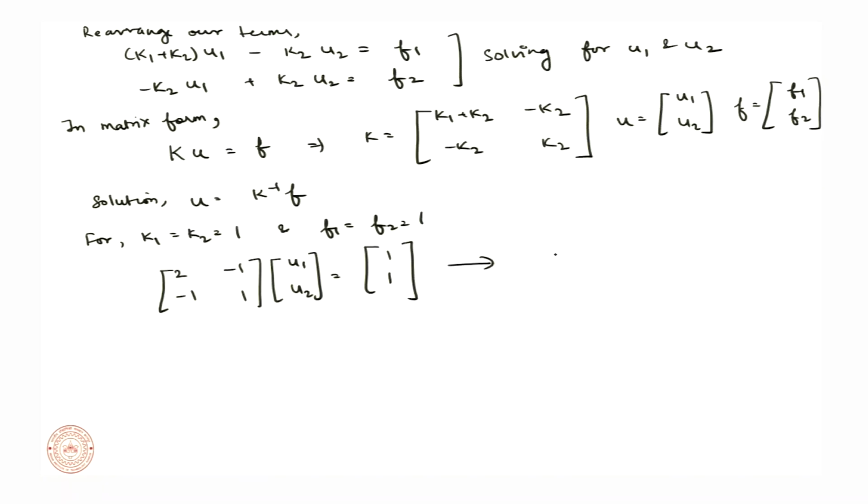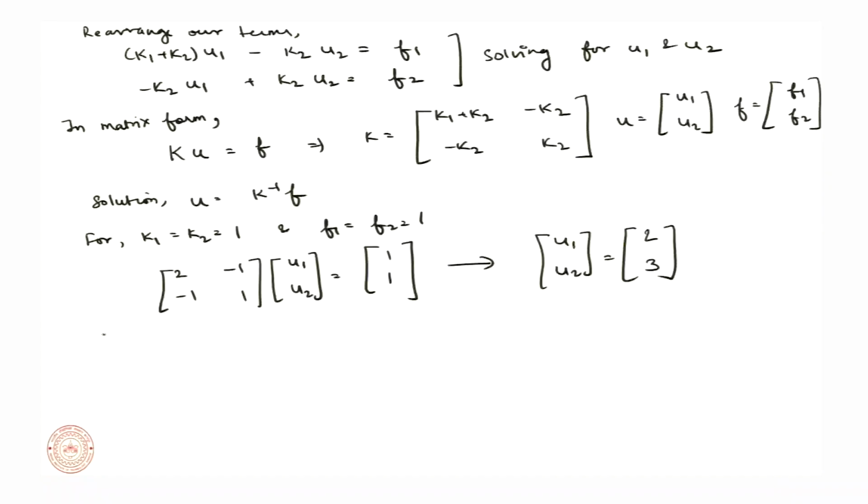If you solve this, you will find out that U1 and U2 will be equal to 2 and 3. Try to quickly put in. So if it is 2, then 2 into 2 is 4, 4 minus 3 is 1, minus 2 plus 3 is 1. So 1 1 will match, and therefore you will have the solution for this.